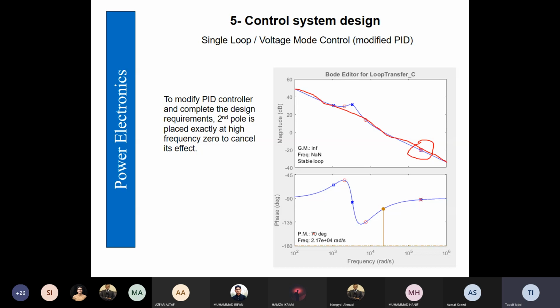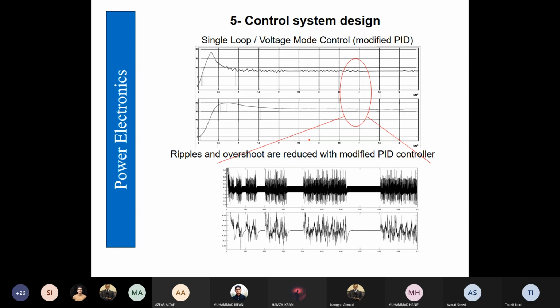And you can see the phase margin is very good, 70 degrees. Gain margin is infinity, which is even better. And therefore the performance is much better, very good.